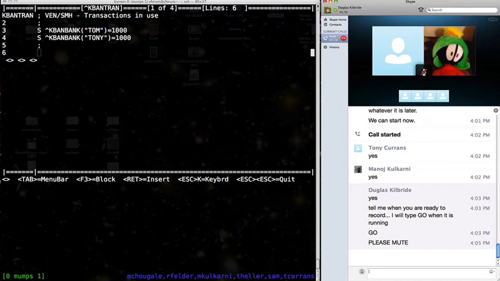Let's run this quote unquote transaction without making sure that everything executes. So we won't surround it by the transaction yet.